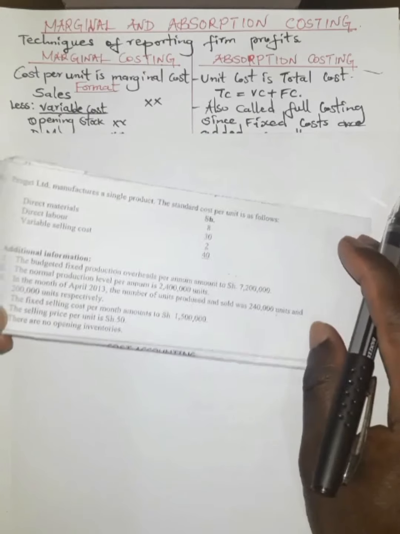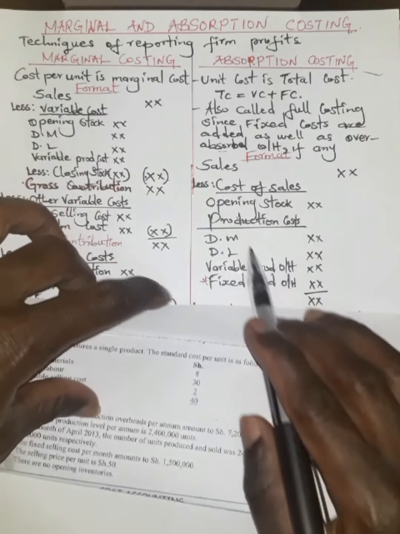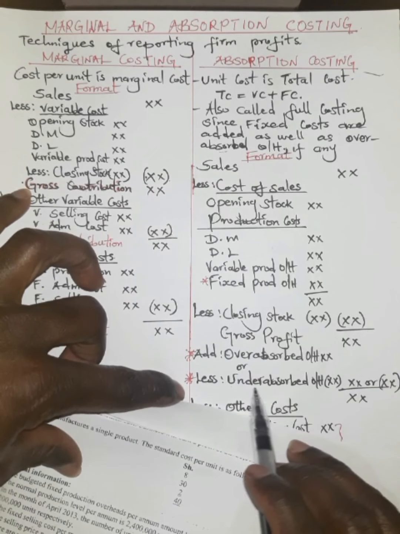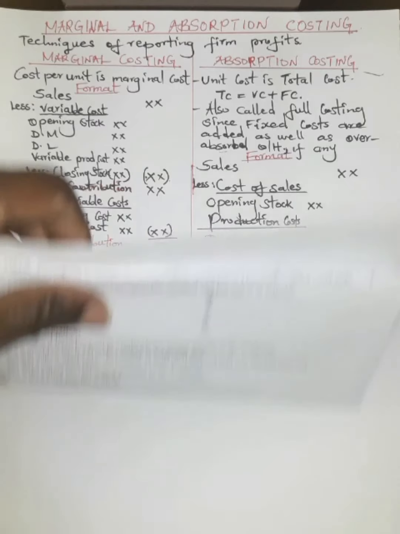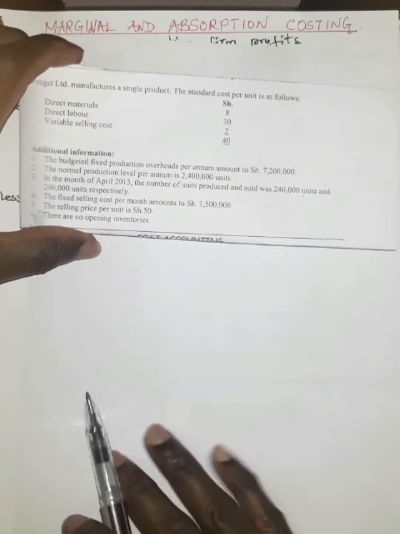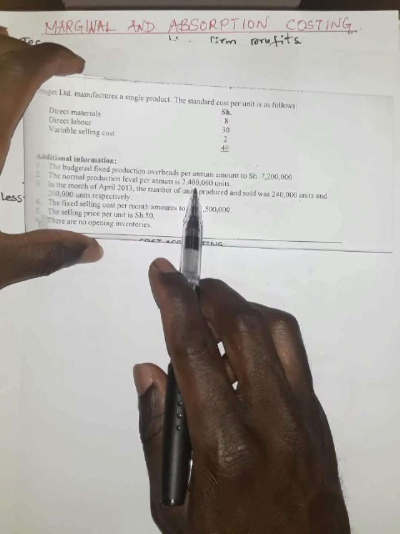In our formula, we always add over-absorbed overheads or less under-absorbed overhead. We shall look at that as we get to it.